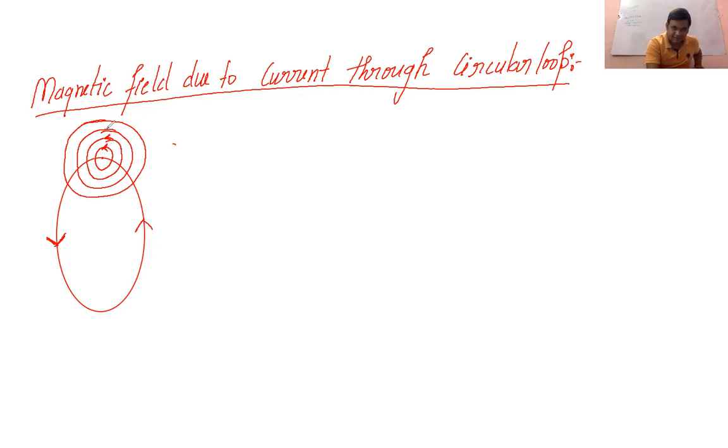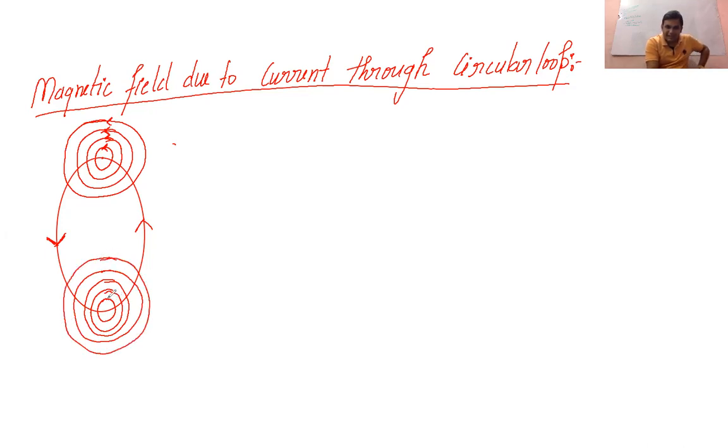I'm just assuming it. If it is this direction, and here you are once again drawing the direction of the magnetic field, here it will be like this. Now the direction will be like this.